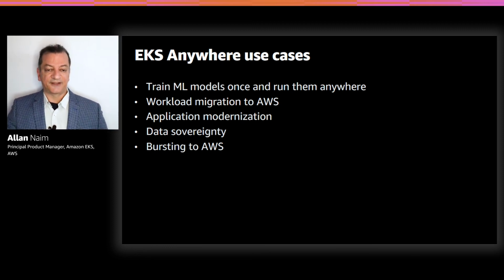Last but not least is bursting. Seasonal workloads can require a lot of compute for days or even weeks. Being able to burst into the cloud provides temporary capacity. With EKS Anywhere, you can now manage your workloads across on-premises and the cloud consistently and cost-effectively.